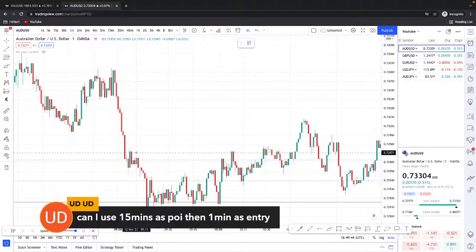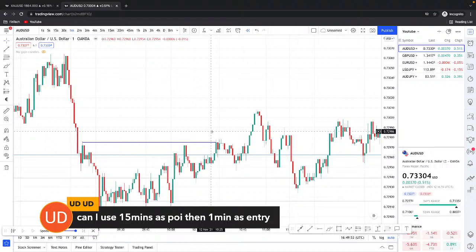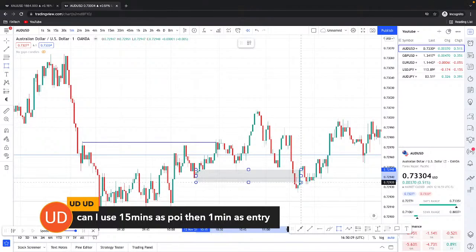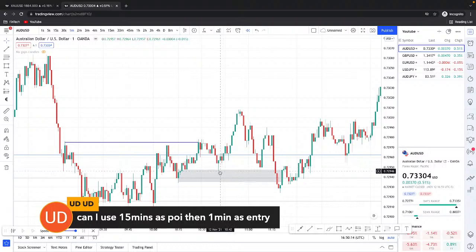So here is the 1 minute first break, and that first break came from this candle. So this is my first point of interest, which is mitigated, and then it broke the structure again.